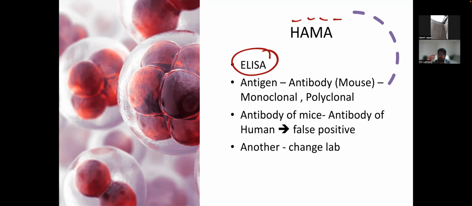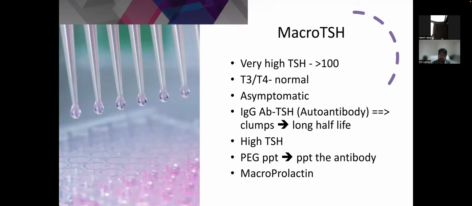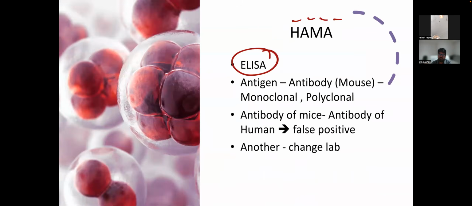And in ELISA, remember, I think I missed putting a very nice picture here. But what happens is, a lot of the time, the assay which you do is a sandwich assay in ELISA.